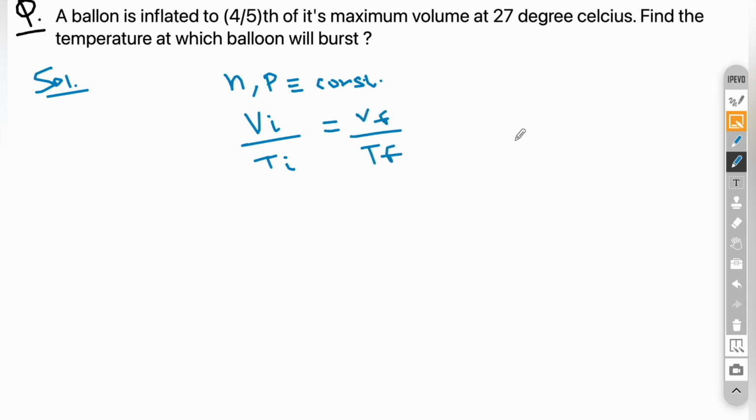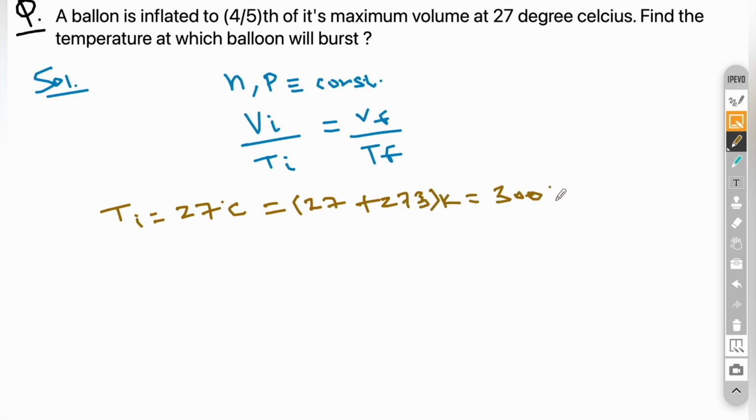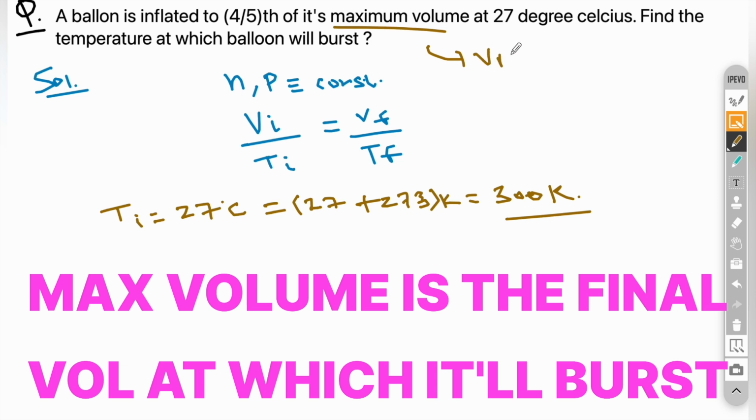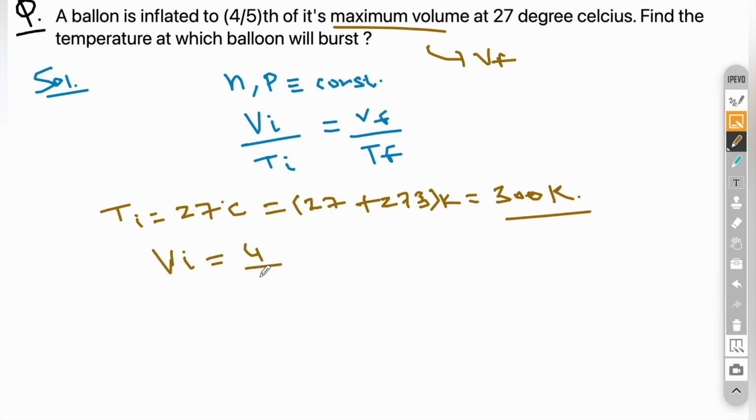Let's write these values. The value of Ti is 27 degrees Celsius, which by adding 273 we can write as 300 Kelvin. Talking about initial volume, it's inflated to 4/5 of maximum volume. Maximum volume is the final volume at which it will burst, so Vi is 4/5 of Vf.